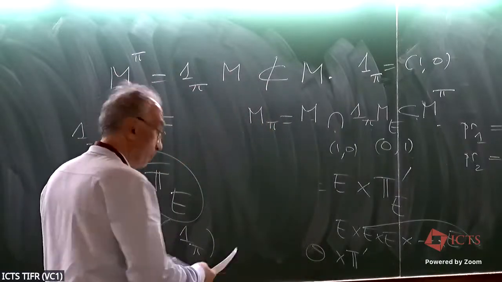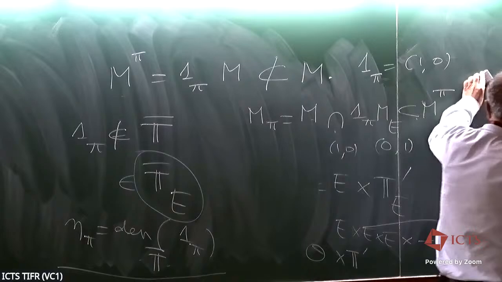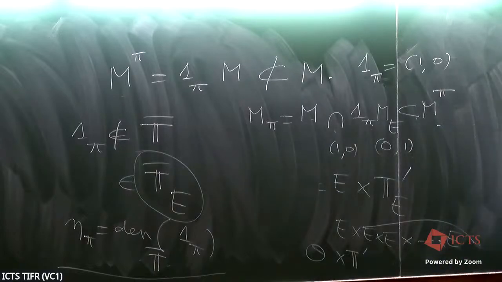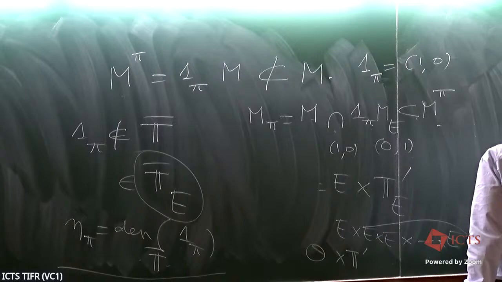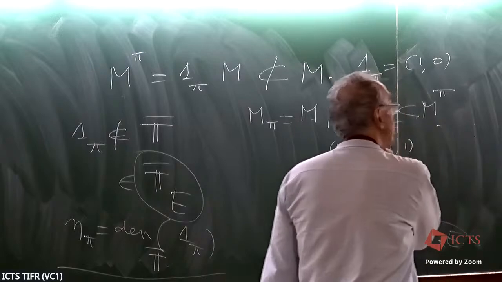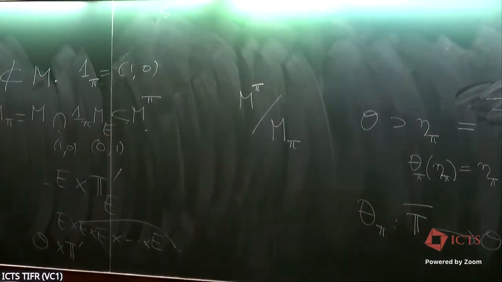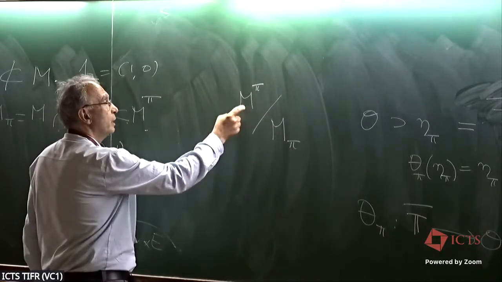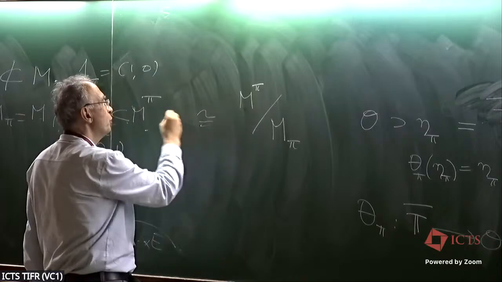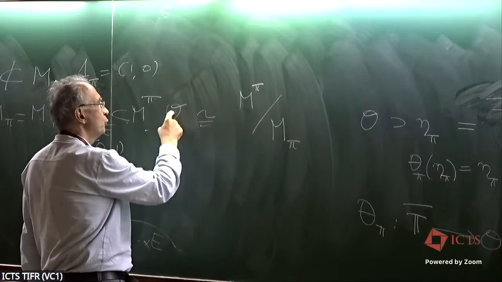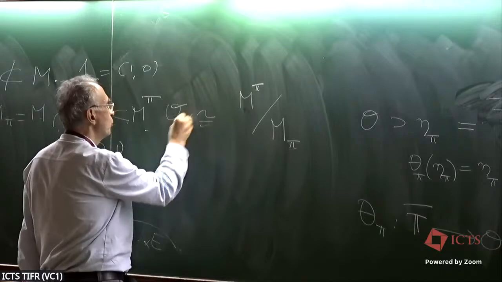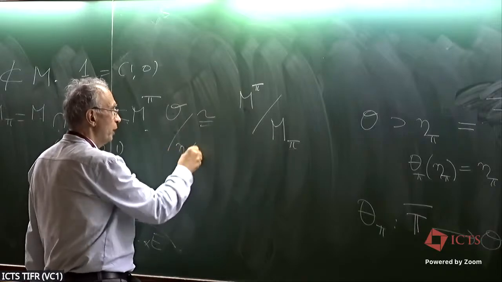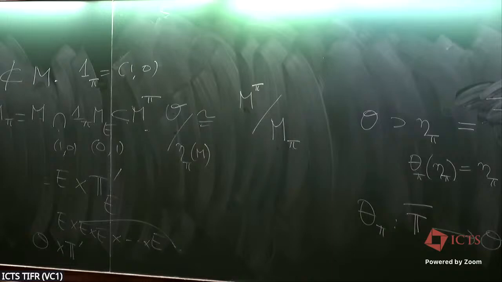And the quotient is the congruence module, but as I explained, this is free of rank 1 over O. So you can identify this module with O. If you identify this module with O, then you identify this module with something which is an ideal called eta pi of M. That's the definition of eta pi of M.